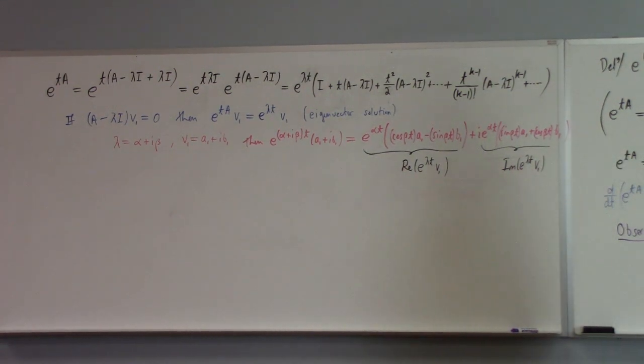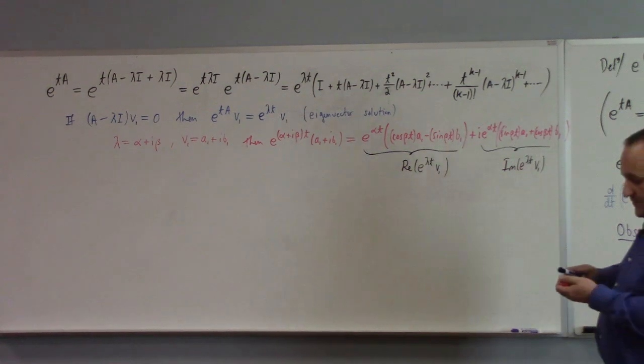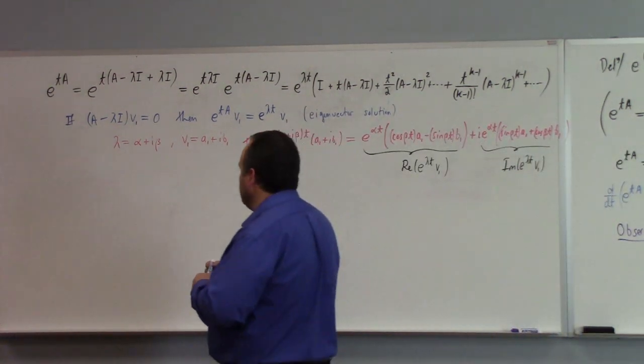You can prove it based on the linear independence of the real and imaginary parts of the complex eigenvector. Remember, we proved those were linearly independent last class. So if you have a complex case, you get real solutions, but they end up having exponentials, cosines, and sines. What happens, though, if we have a generalized eigenvector of order 2?